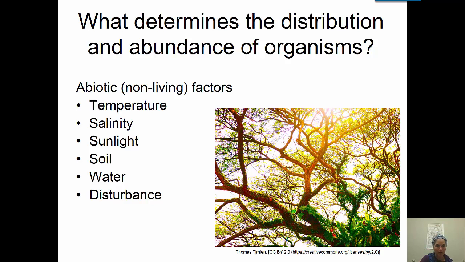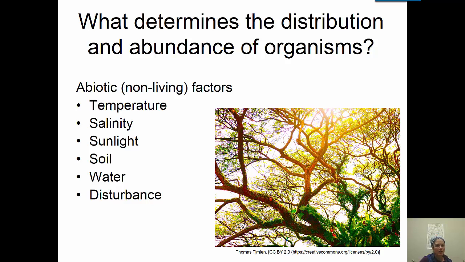There's one more thing on here, a really important non-living factor that has a big impact on determining where a particular organism can live, and that's disturbance. So to an ecologist, disturbance is a discrete event that will decrease the biomass, the plant biomass of a community.